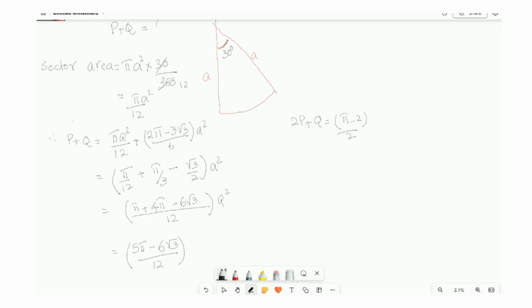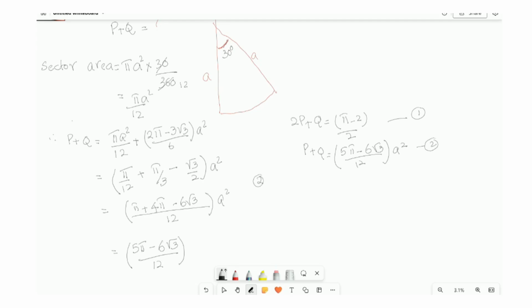The other one is p plus q equal to (5π − 6√3)/12 times a². So this is equation 1, this is equation 2.